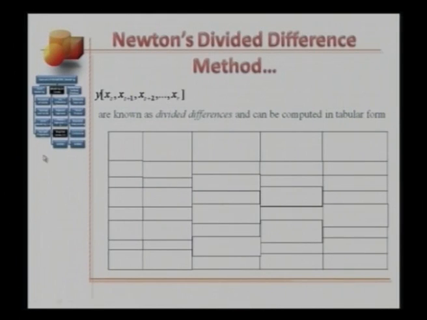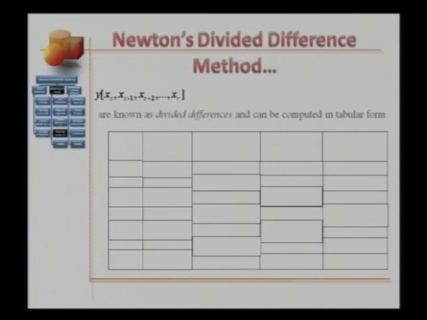Let's revisit this method. Okay, but first, y within square parenthesis, xs, xs plus 1, xs plus 2 up till xr are known as divided differences. They are the coefficients. And as I said, they can be computed in tabular form quite easily.